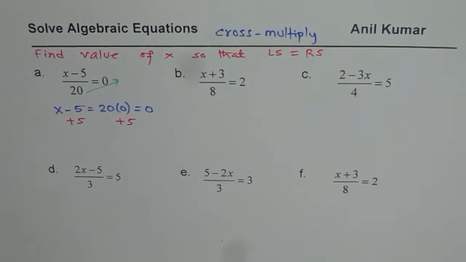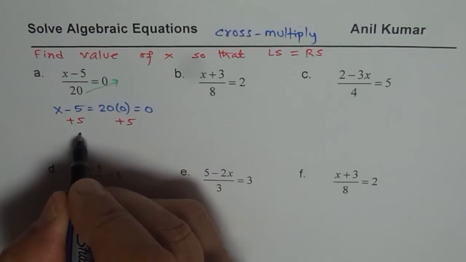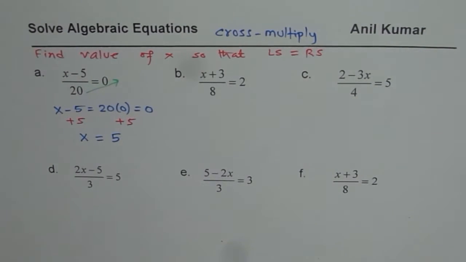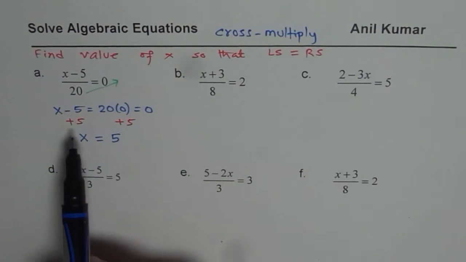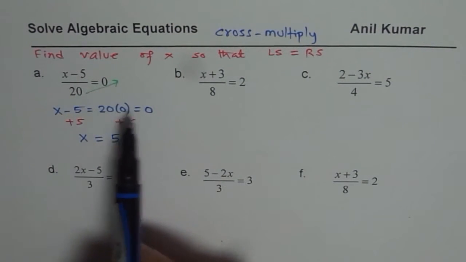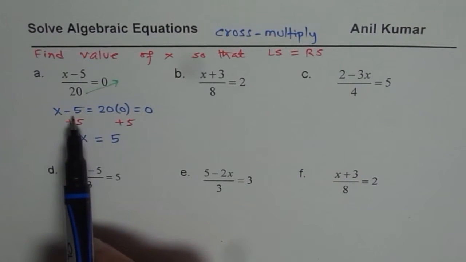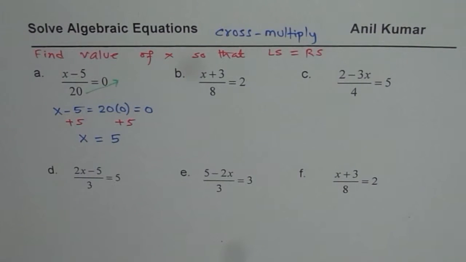If you add 5 on both sides, minus 5 plus 5 is 0, so you get x equals 5. At times, students who are expert in this will just take 5 to the other side, changing the sign. When you take minus 5 from the left side to the right side, it becomes positive 5. You could do that also.